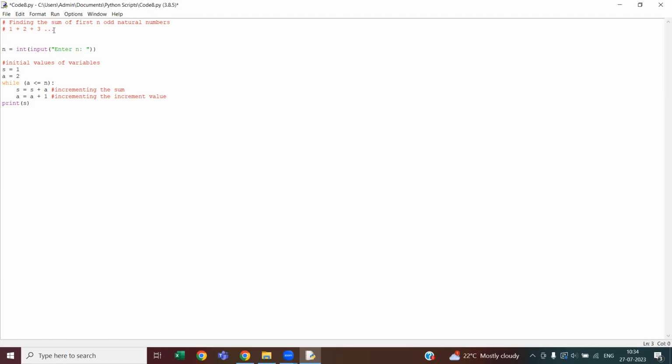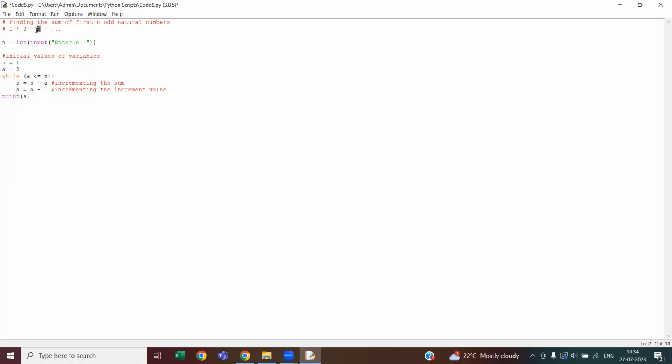What we have to do is find 1 plus 3 plus 5 and so on, right? So if my n is equal to 1, the last term is 1. When my n is equal to 2, the last term is 3. When my n is equal to 3, the last term is 5.